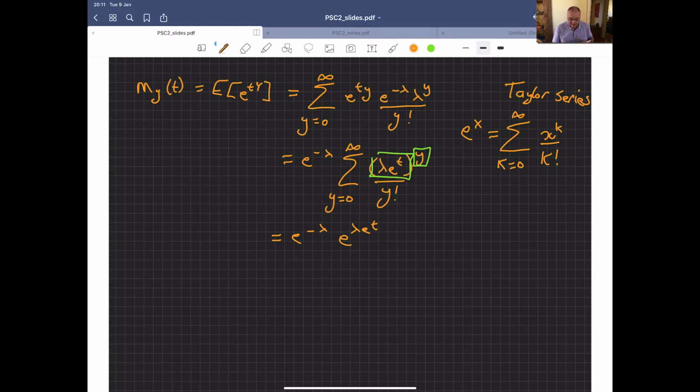Now that's getting complicated. We've got e to the e's and stuff like that, but it's just using that Taylor series. And if we put that together, we get e to the lambda, e to the t minus 1. That is our moment generating function for the Poisson.